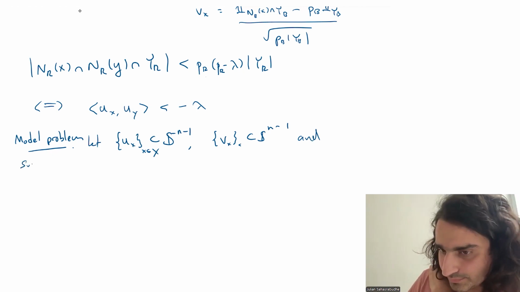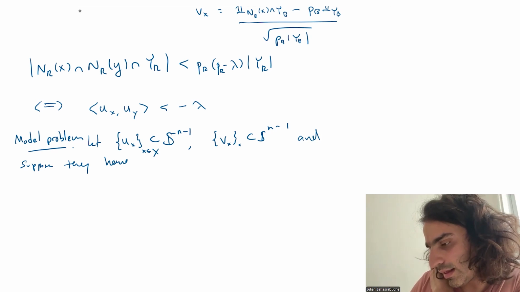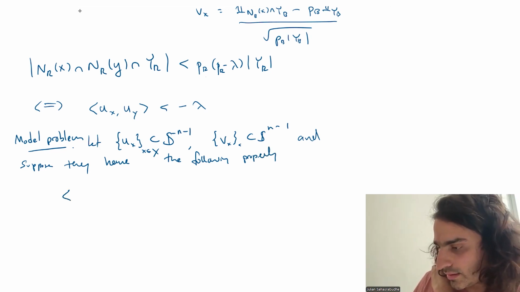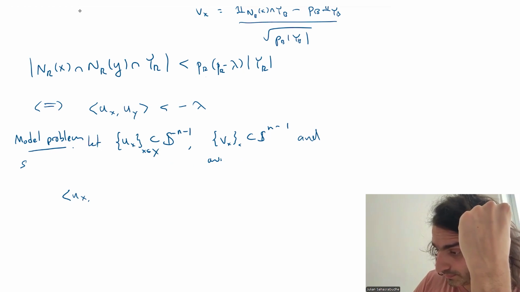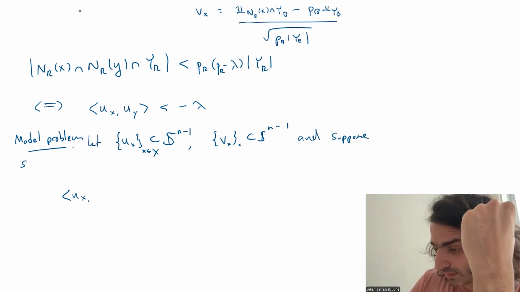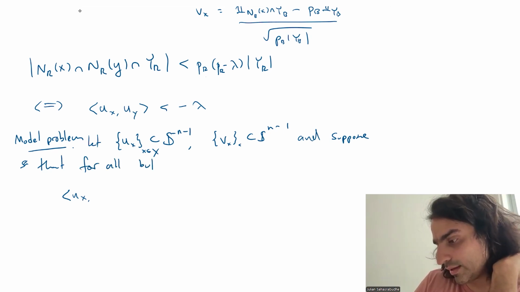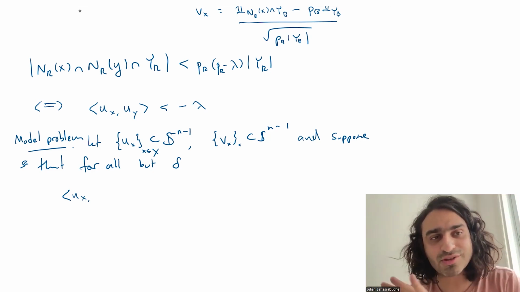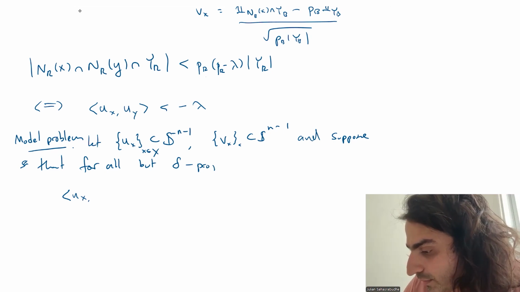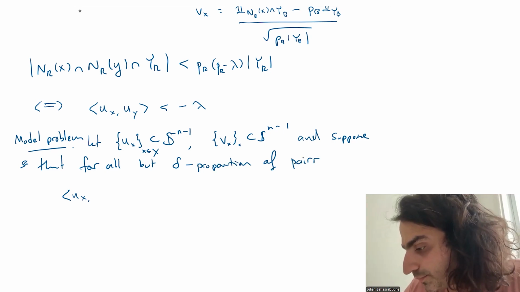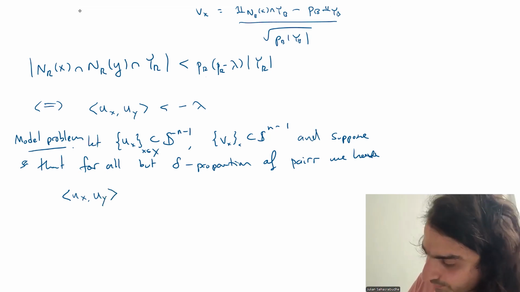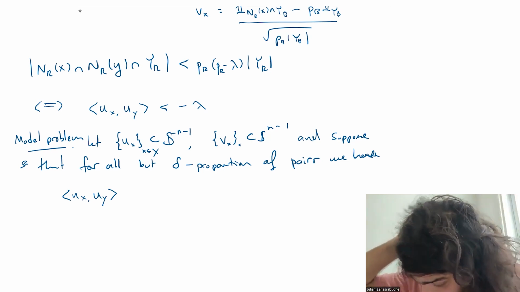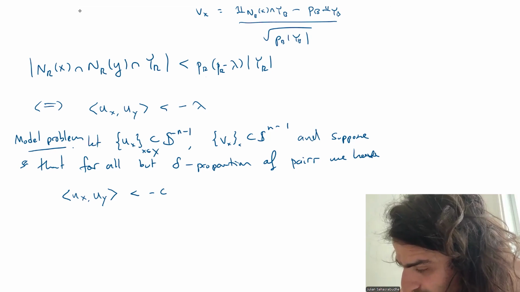And suppose that for all but, now I'm always allowed to throw away some small delta proportion, so this is all but delta proportion of pairs, we have that the inner product of u of x and u of y is less than, say, minus some constant over root n.